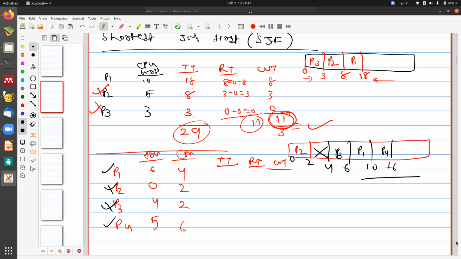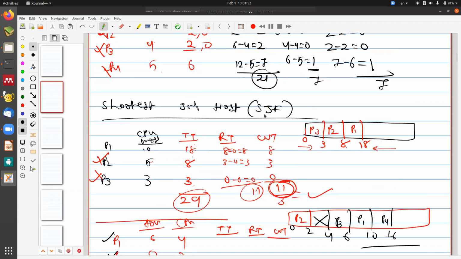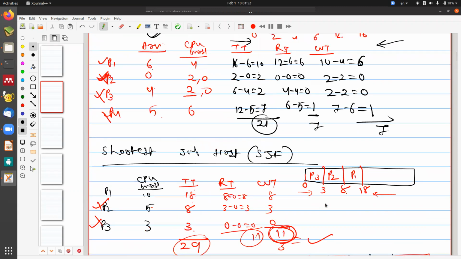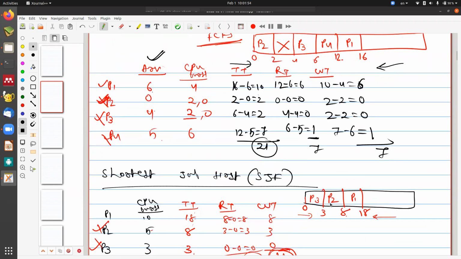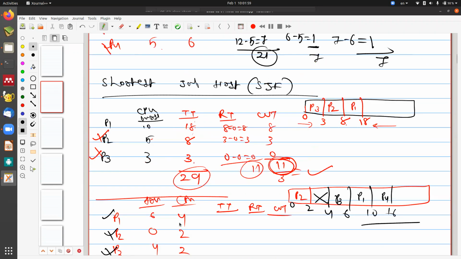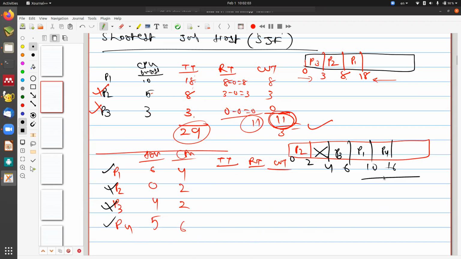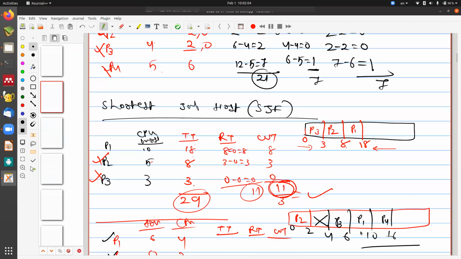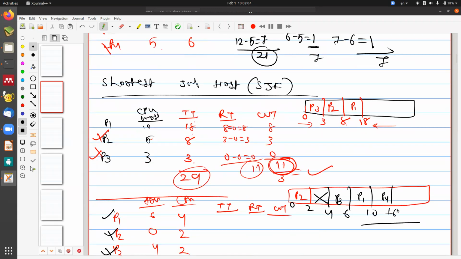Before you come to the next class, you can prepare the turnaround, response, and waiting times, because this chart and the earlier chart are exactly similar. P2 is 0 to 2, then 4 to 6 for P3. P4 we have taken with a little change. Here P1 comes first, then P4.